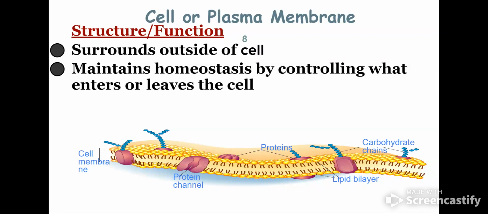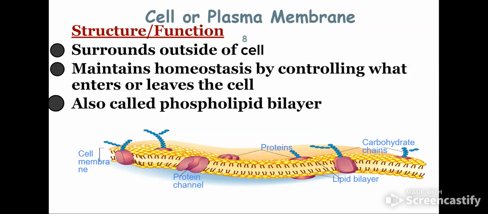Remember, homeostasis is how we regulate things, keep things in balance. It's also called the phospholipid bilayer because it's made up of two layers of phospholipids. This little circle with the tails is a phospholipid. There's one layer on top, one layer on bottom. We're going to get into that in more detail when we get to our cell transport unit.